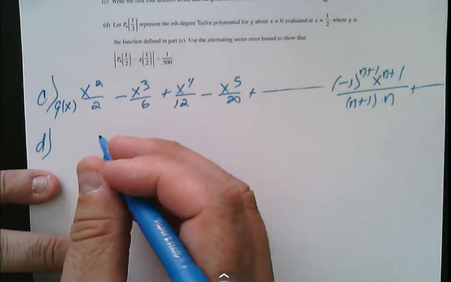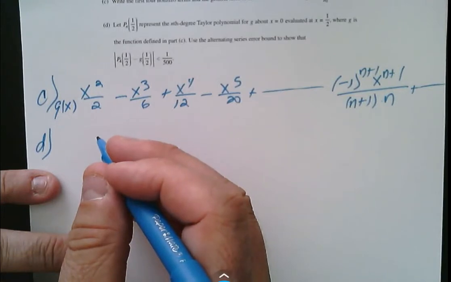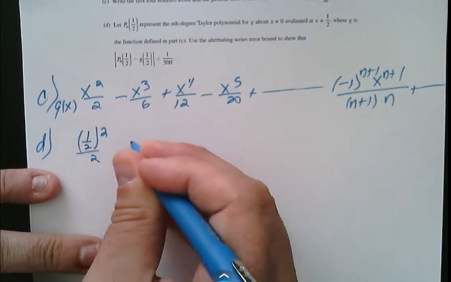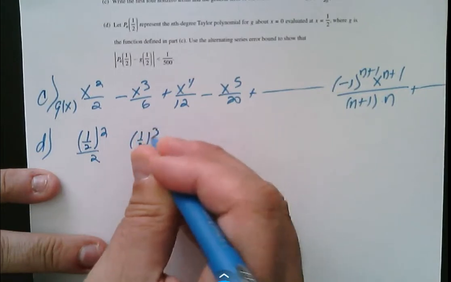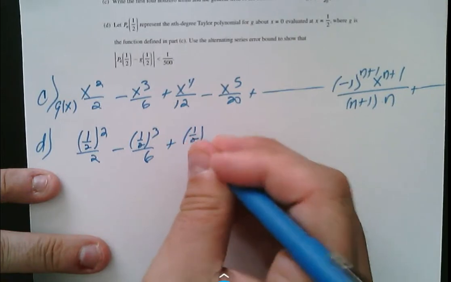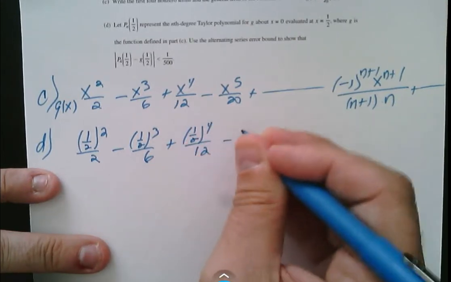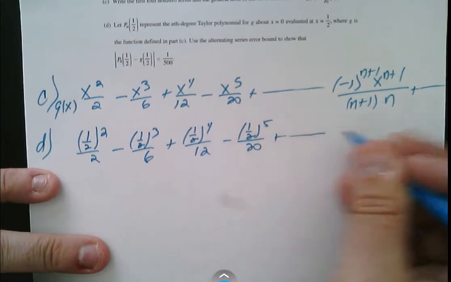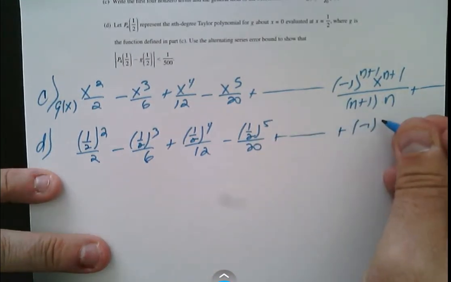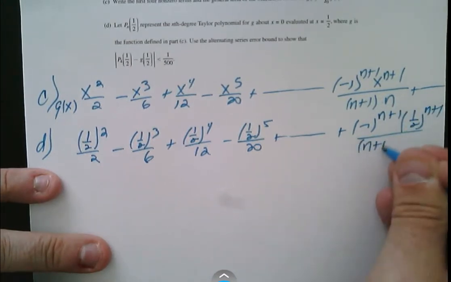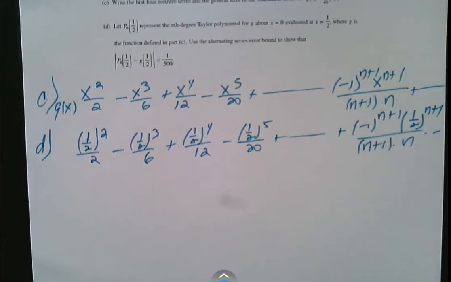So if I'm evaluating at 1/2, I'm going to get 1/2 squared over 2. I'm going to get 1/2 cubed over 6. I'm going to get 1/2 to the 4th over 12, 1/2 to the 5th over 20, and so on and so on. -1 to the n plus 1, 1/2 to the n plus 1, over n plus 1 times n.